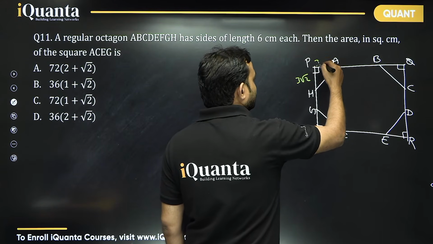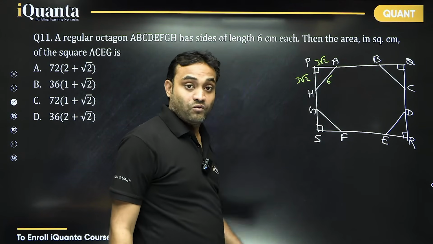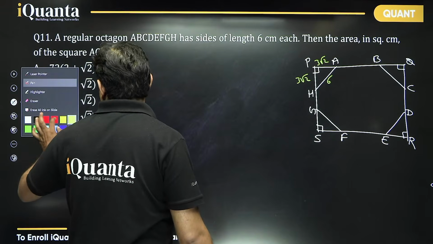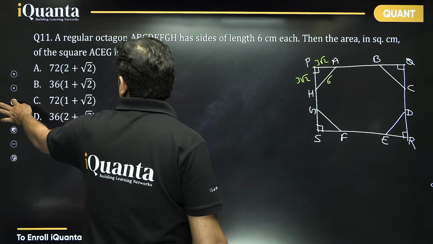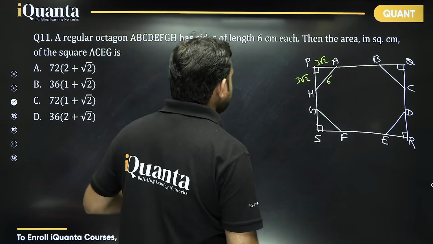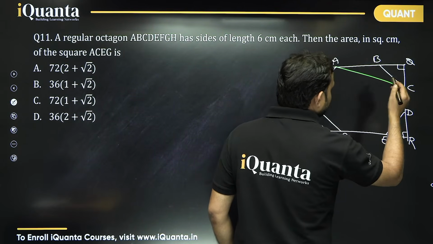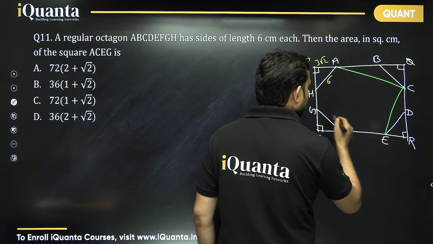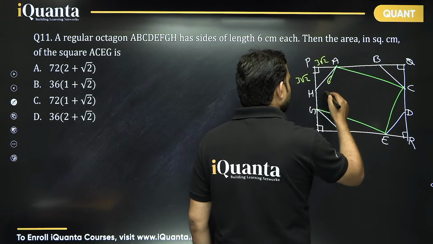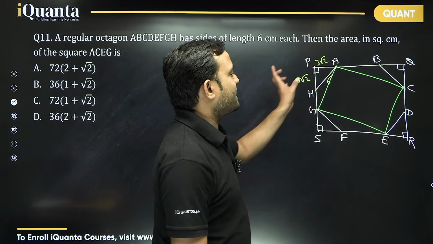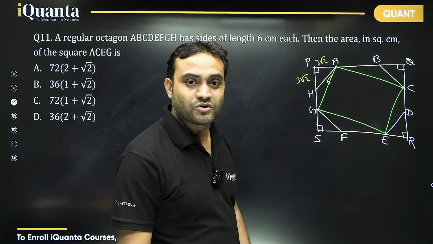AP will be 3 root 2 as well. Now we need to find the area of the square, which is ACEG. Can I say if I find the length of AC or AG, we are good to go.